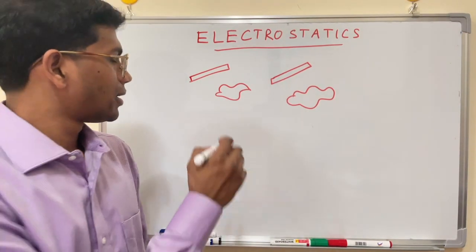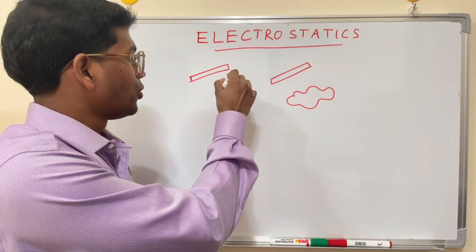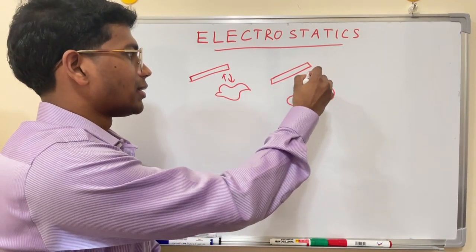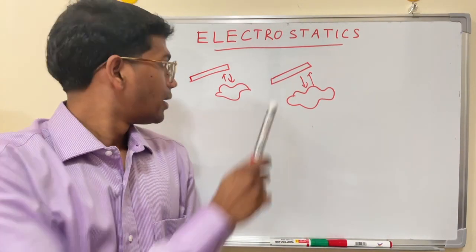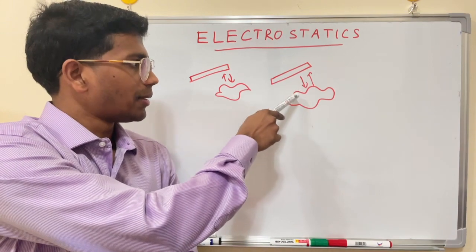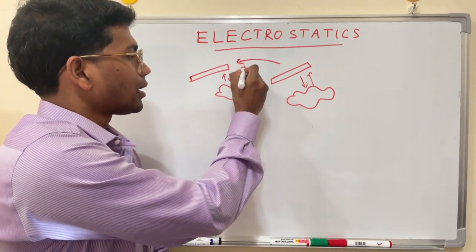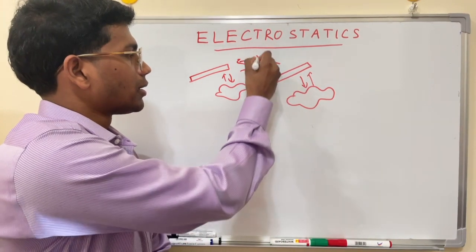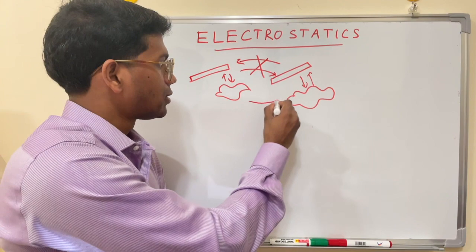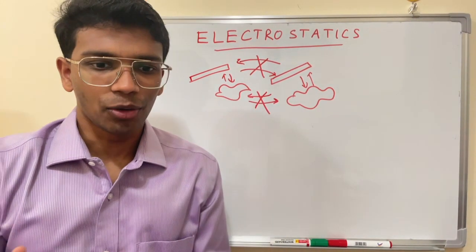Whoever did this observed that after you rub these two together, and you rub these two together, this particular body attracts this one, and this attracts the same. But these two glass rods do not attract each other. They actually repel each other. And these two repel each other. Okay, now we have that observation.